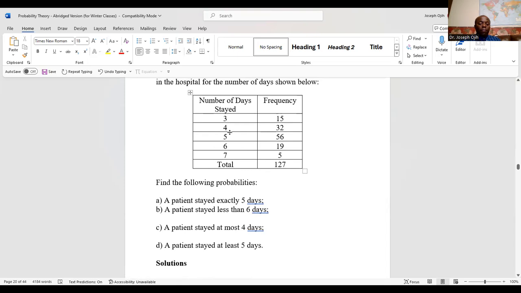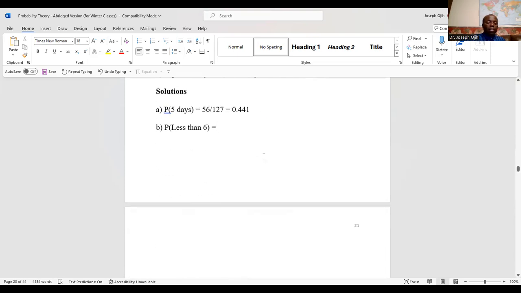So it will be probability of 3 plus probability of 4 plus probability of 5. That's less than 6 days because you cannot include 6.